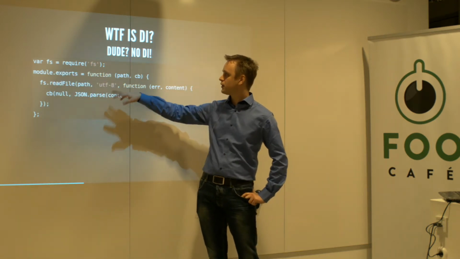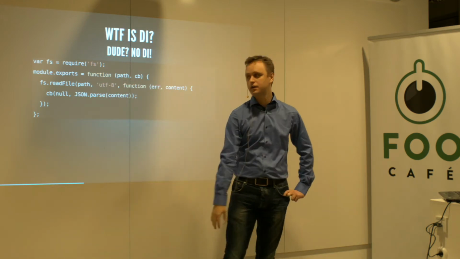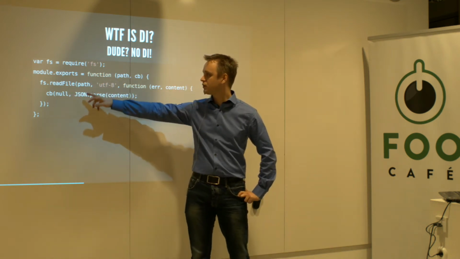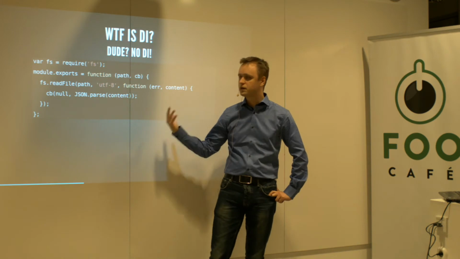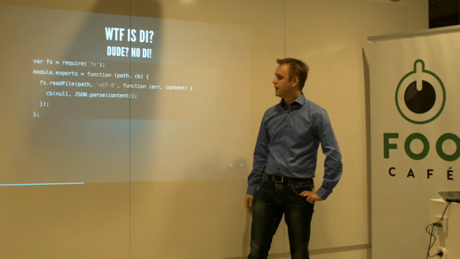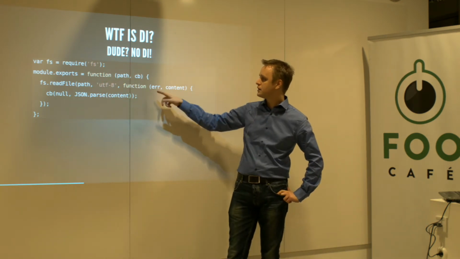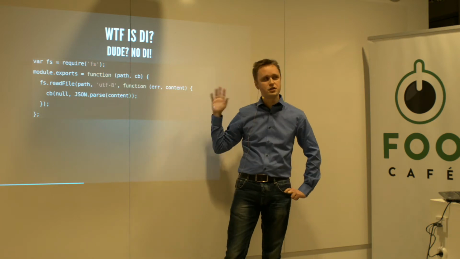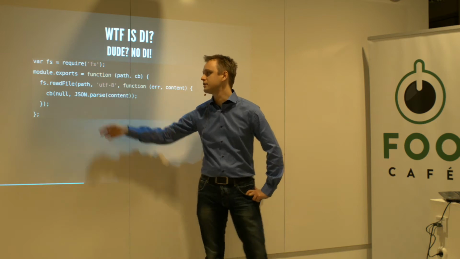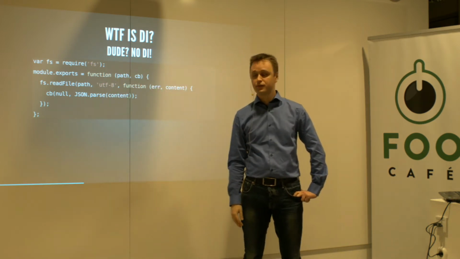This module exports one function that takes the path of the file, and then takes a callback to get the actual object. Then we use the readFile function. We send in the path and UTF-8, the standard encoding. And then readFile will call its callback with error and content, and we just ignore the error because this is just an example. And then we parse that content, and this callback is called with an actual object.